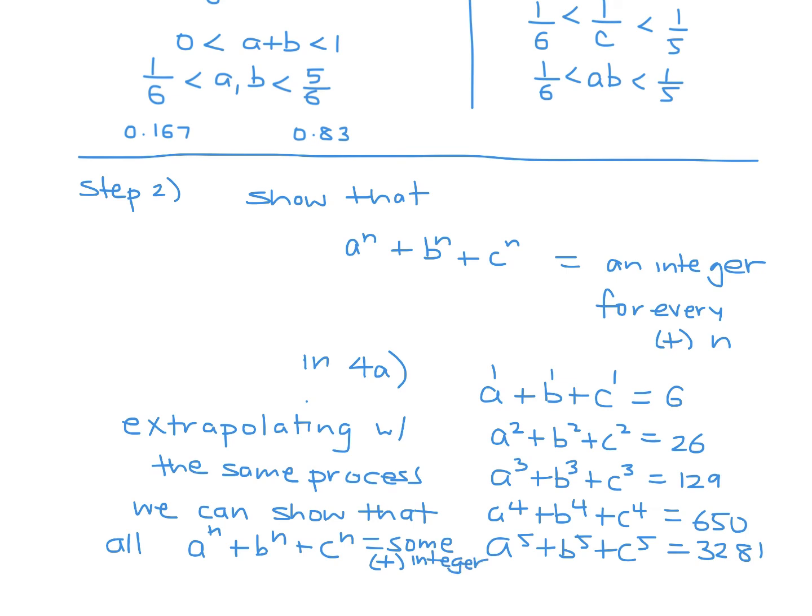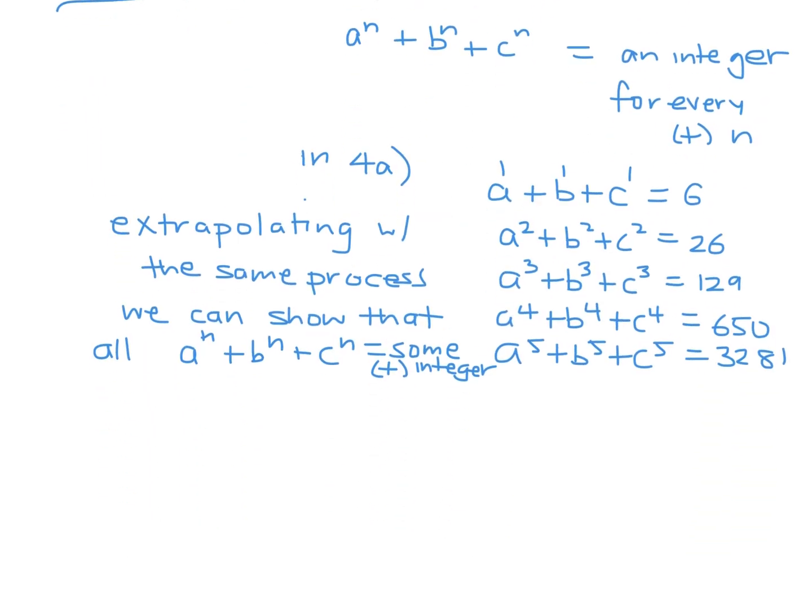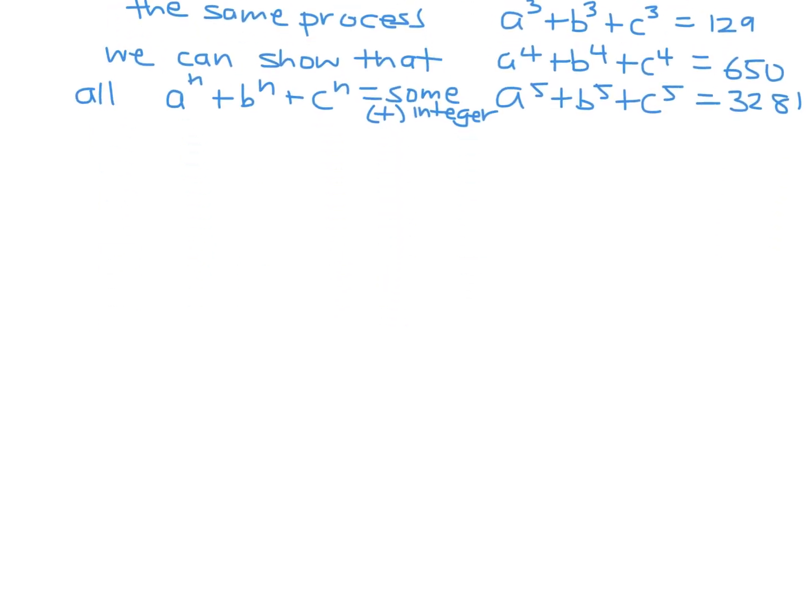And you can refer to your solution in part A to add to this step 2 of part B. And then now we come to our final part, which is going to put this all together.